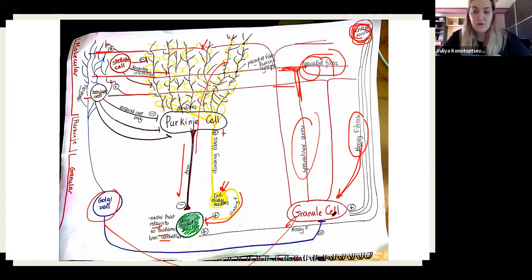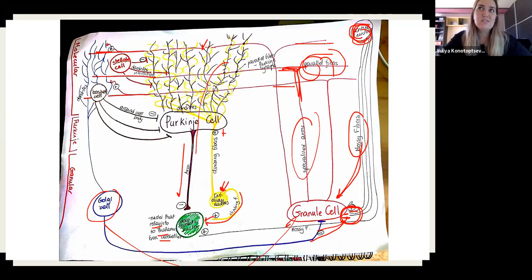By the way, I should mention that the Golgi cell does not inhibit the granule cell directly. It inhibits the synapse between the mossy fiber and the dendrite of the granule cell. This interaction, the axon of the Golgi, the dendrite of the granule, and the mossy fiber, has a name.